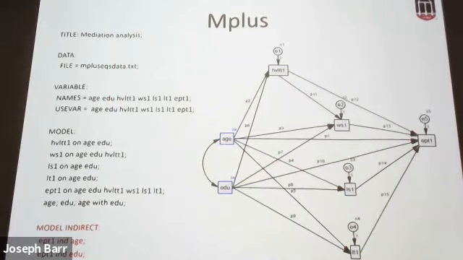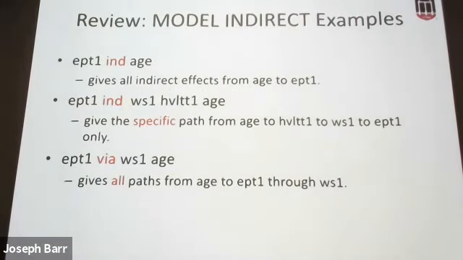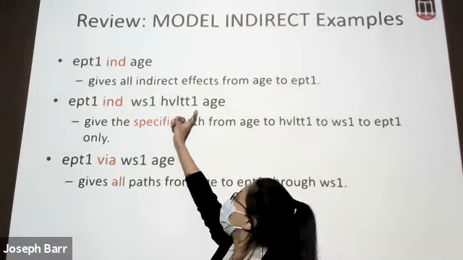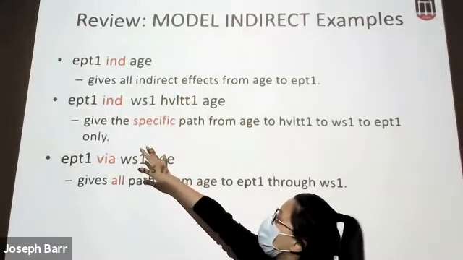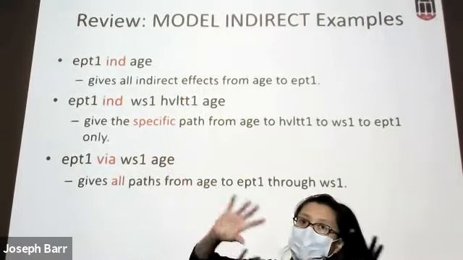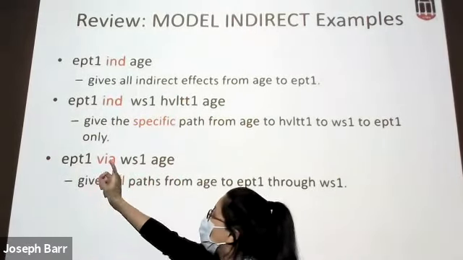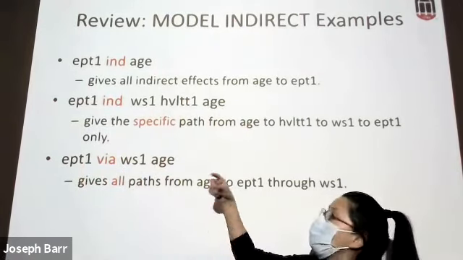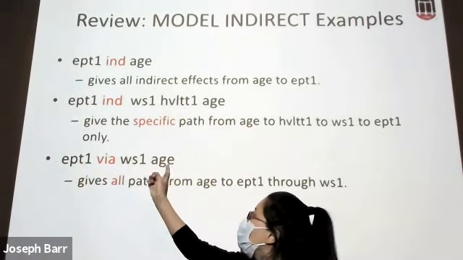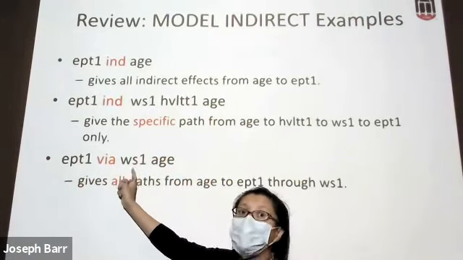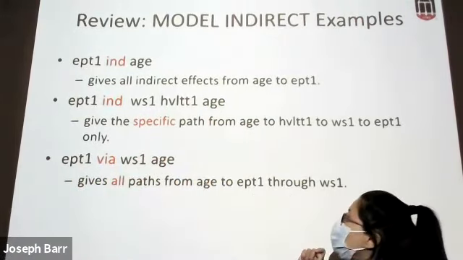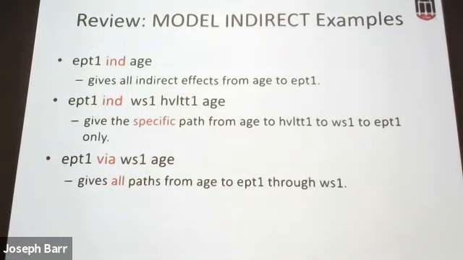But if we don't give the mediators between the independent variable and the dependent variable, we will just provide all possible mediation effects. And also we can use VIA. This statement will give all paths from H to EPT via WS1. So different statements mean different mediation effects.